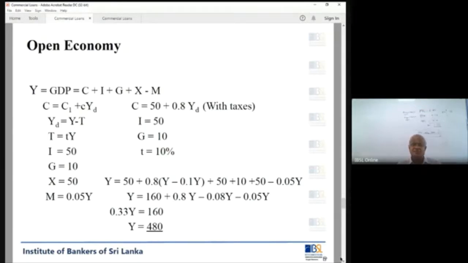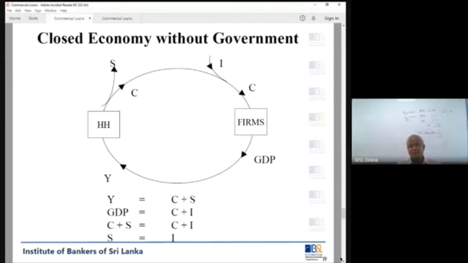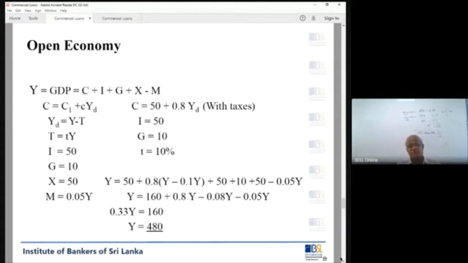Minus 0.08 becomes plus, 0.05 becomes plus, 0.8Y becomes minus, right, when you take them to the left hand side. 0.33Y equals 160. Y equals 480.